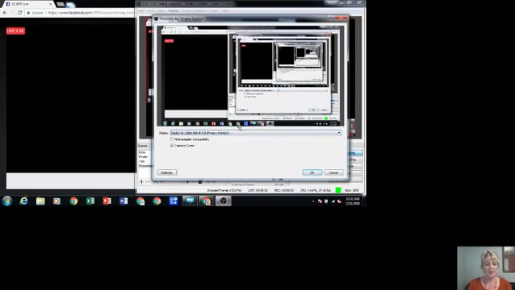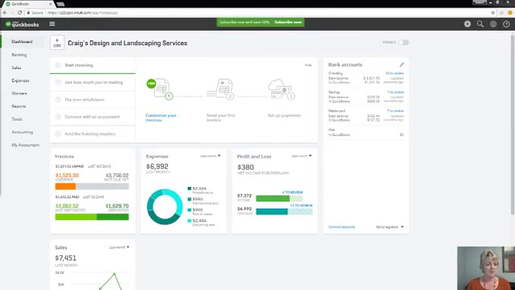So the first thing we want to do, make sure we can see, we're going to get our test program up so we can work in real time. Waiting for our IT department to fix it up.